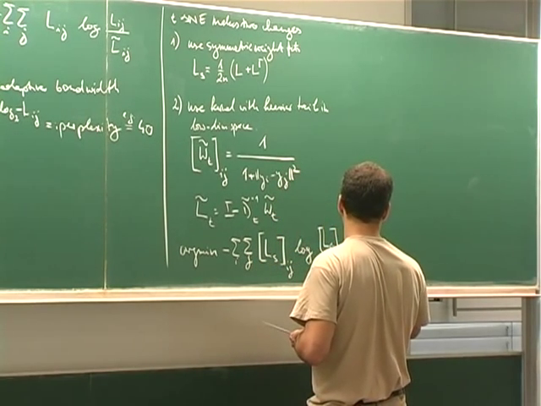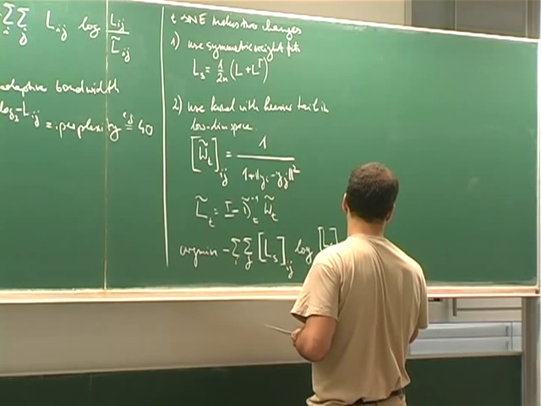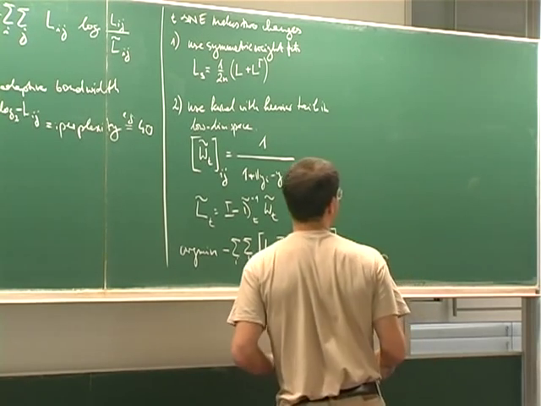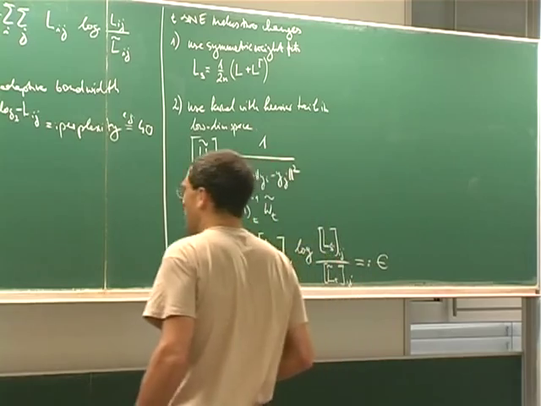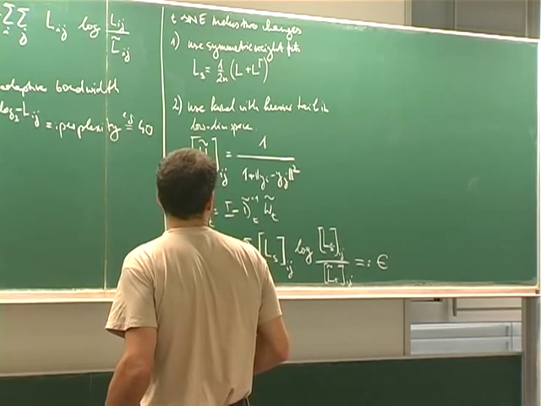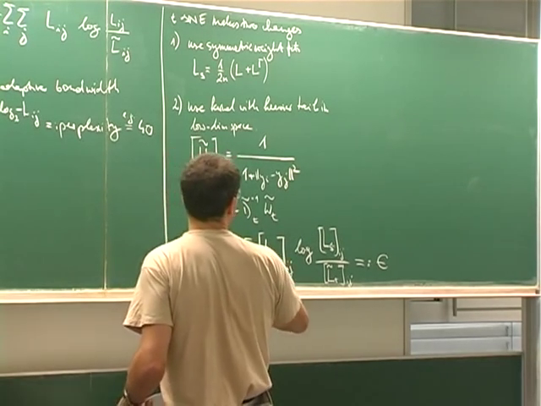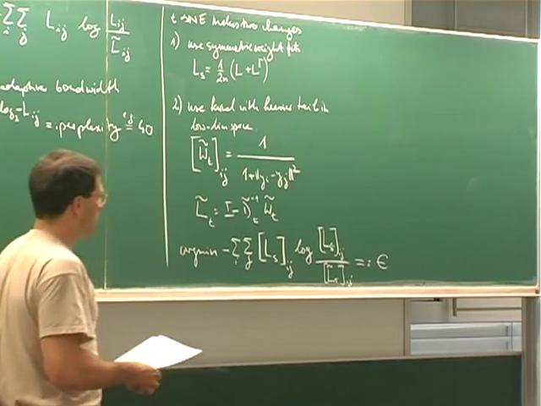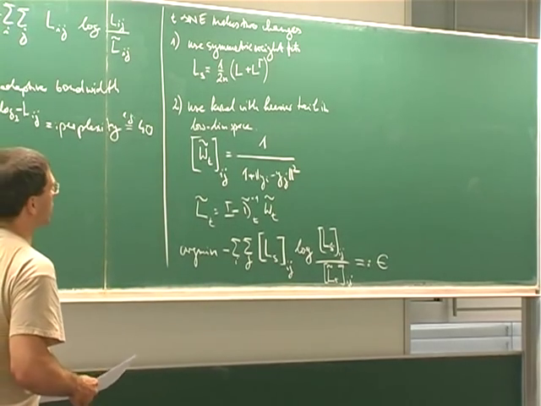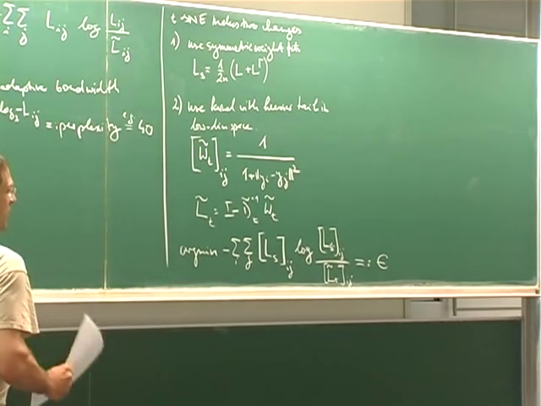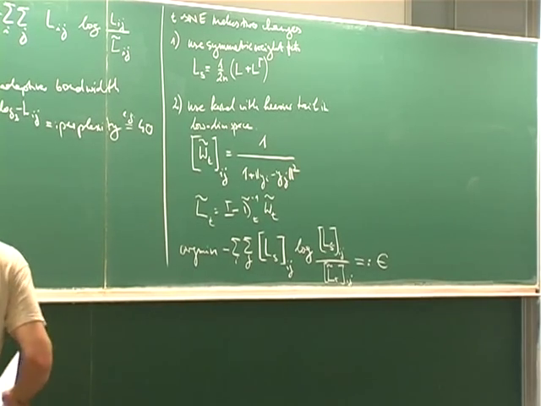Let me abbreviate this cost function by E. And from the model formulation point of view, this is it. Okay, there's your objective function.